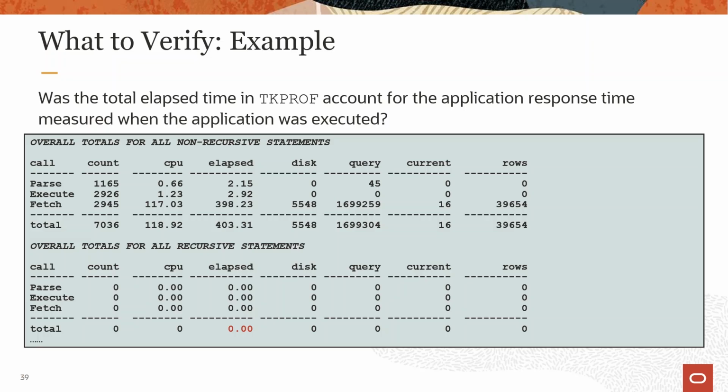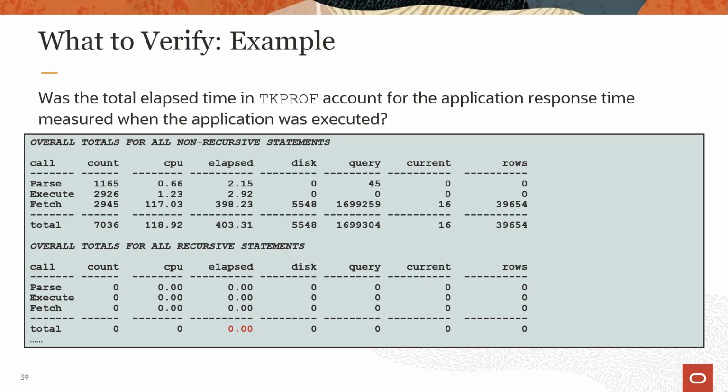So suppose, just to have a scenario, that the application ran in 410 seconds. When you look at the overall totals in your formatted trace file, you see that total elapsed time is 403 seconds for non-recursive statements.